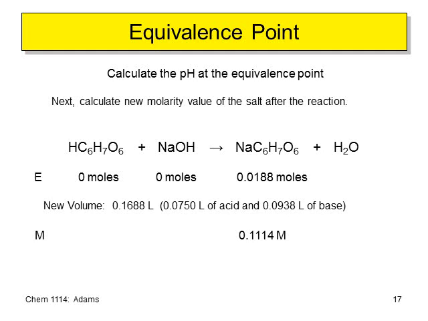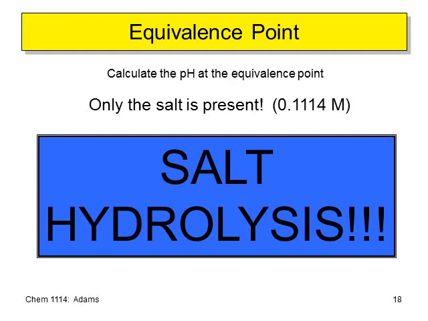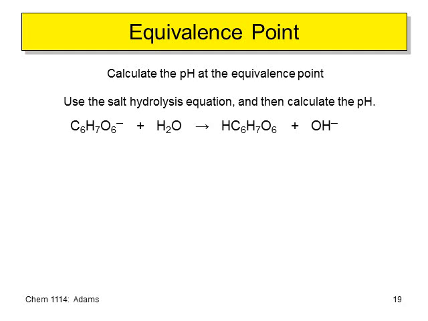So moles divided by this new total volume is the new molarity of the salt in that solution. Only the salt is present, and we have salt hydrolysis. We're going to use the salt hydrolysis equation and then calculate the pH.